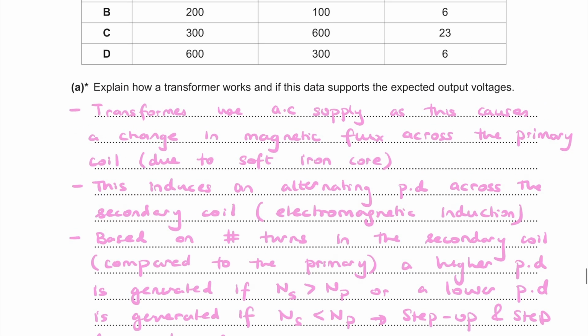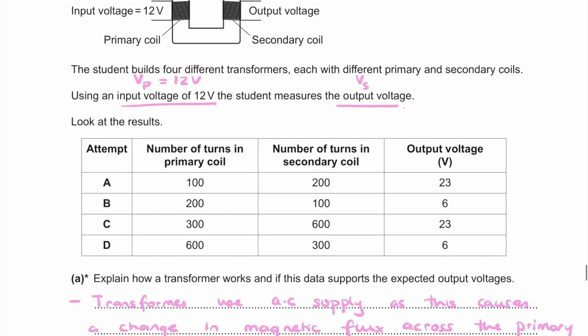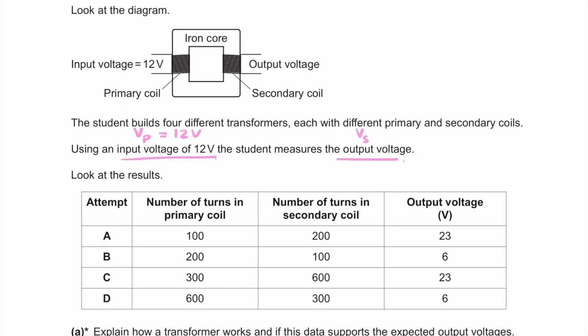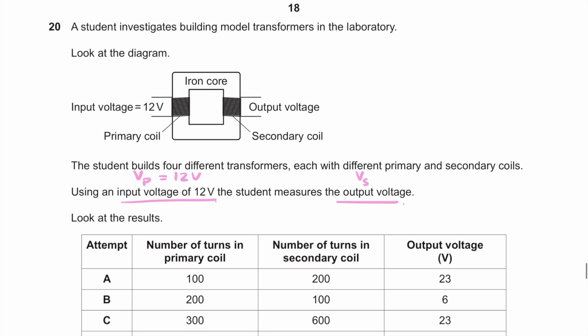In terms of the data, let's look at some numbers over here. Firstly, we know that the formula which relates the number of turns and the voltage is NP over NS equals VP over VS. And I'm going to work out for all of them to see whether it matches these numbers given. So for example, for A, VS is what I'm working out.